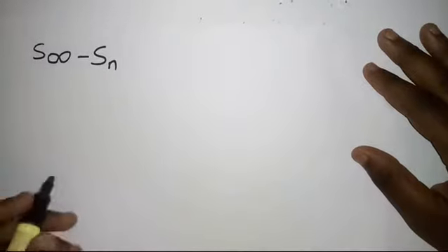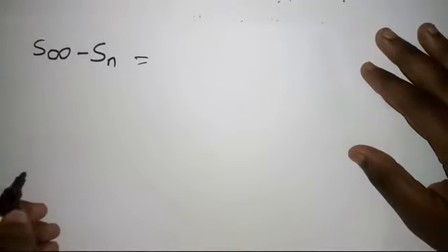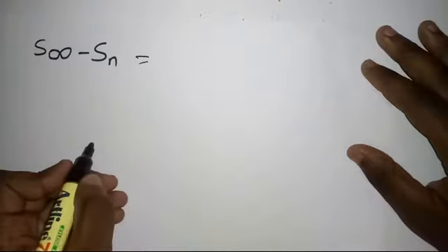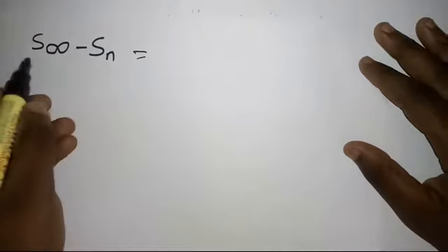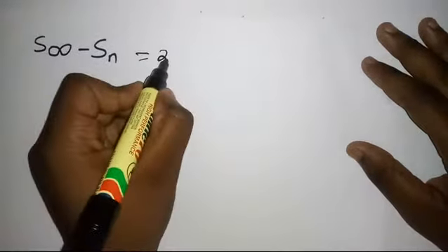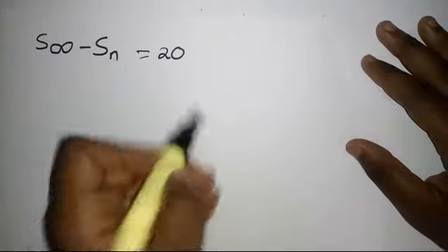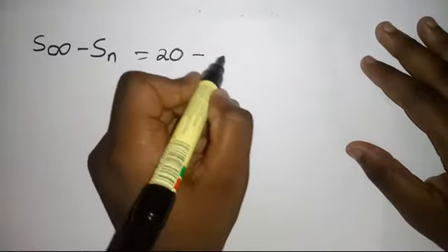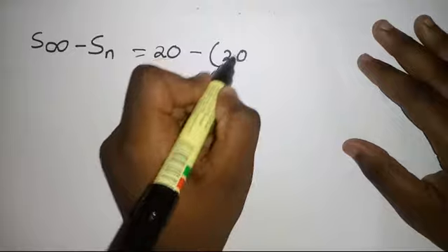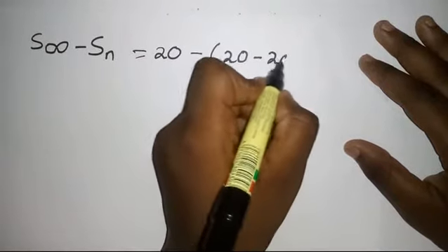As we have calculated on the previous page, our sum to infinity is 20. Then Sn is as follows.